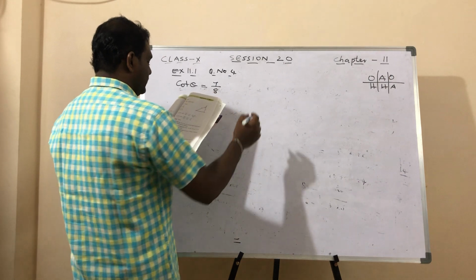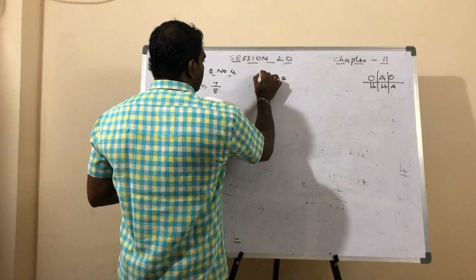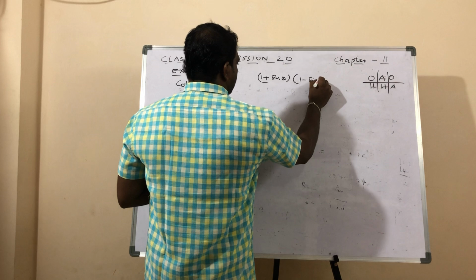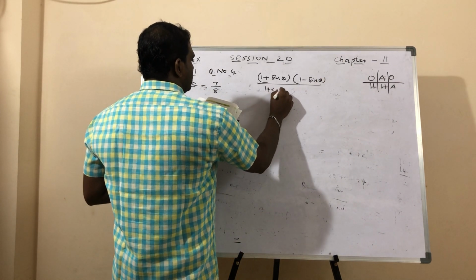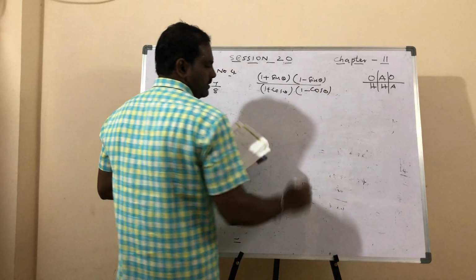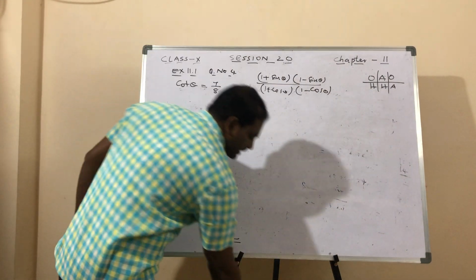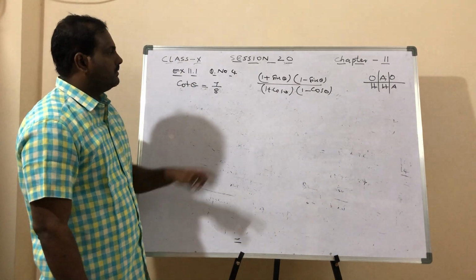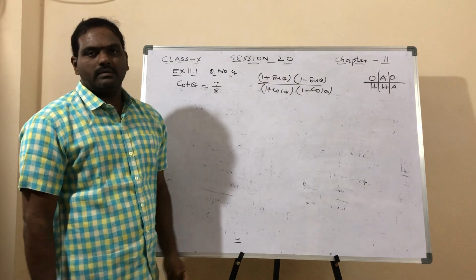Then evaluate the value of 1 plus sin theta into 1 minus sin theta by 1 plus cos theta into 1 minus cos theta. Okay, so somewhat a big sum, but it's very simple. So first cot theta is given. Now what we want is sin theta, cos theta, we have to find it out. Then 1 plus we can do in that way.